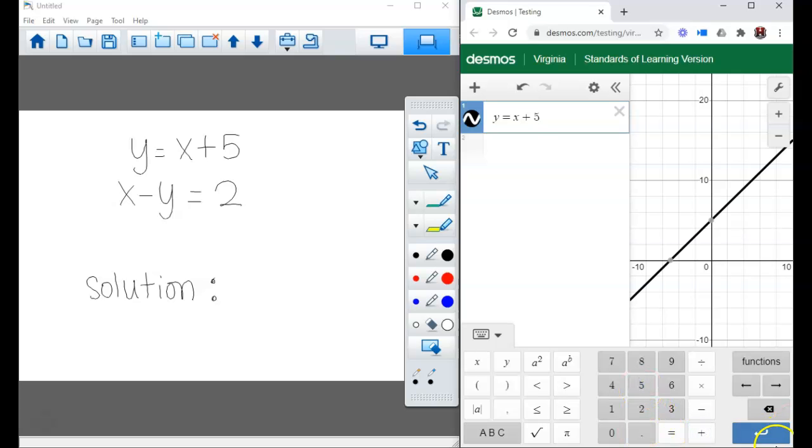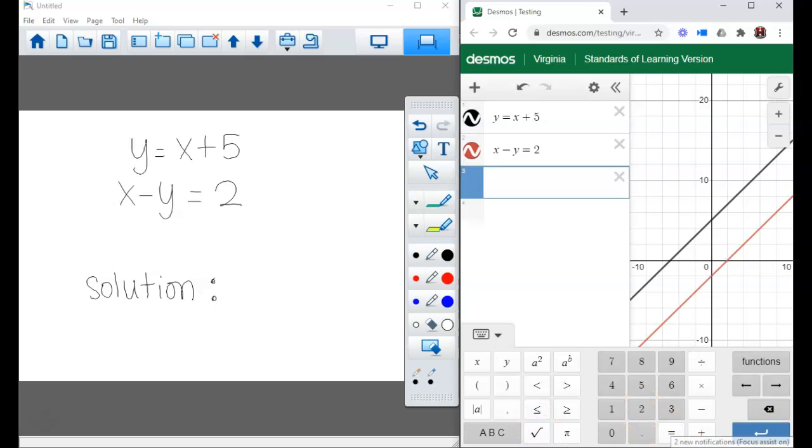So that line is graphed in black. And then x minus y equals 2. That one is graphed in red. Now notice what I have this time. I have parallel lines, lines that don't intersect. So if they don't intersect, then they can't have a solution.